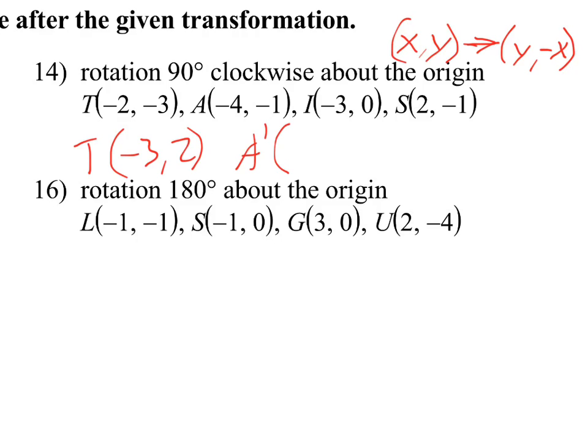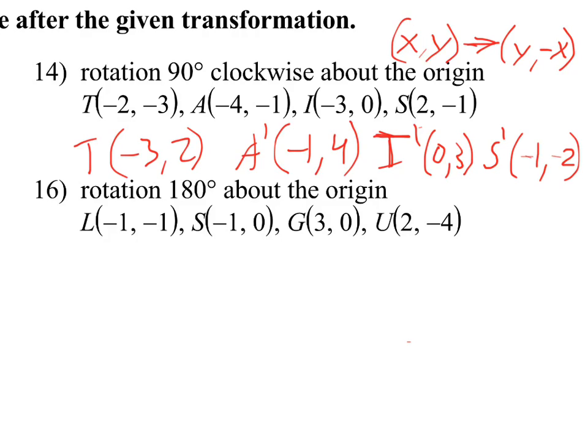On A, change the order, -1 goes first, +4 is going to happen for your y coordinate there. I prime, change the order, change the sign on the second one, you can get (0, 3). And then S, change the order, change the sign on the second one, -2. It used to be positive, now it's a negative.